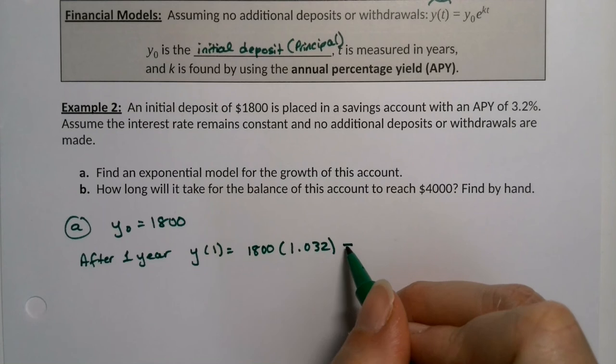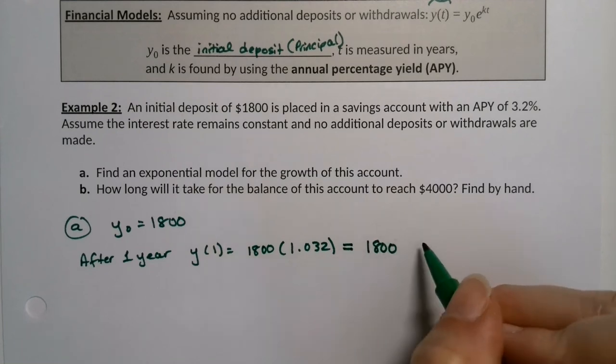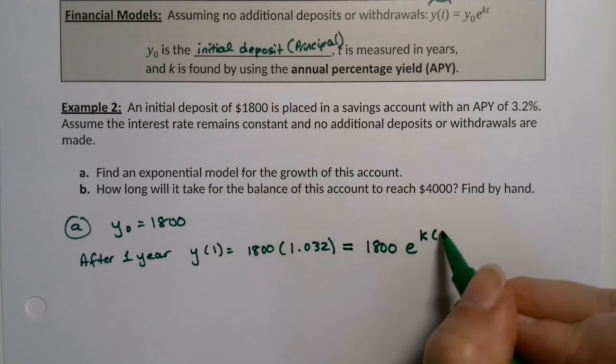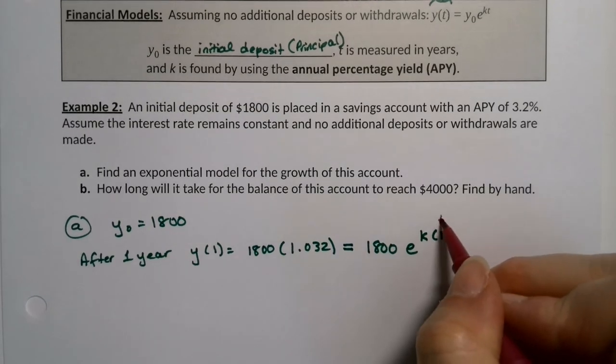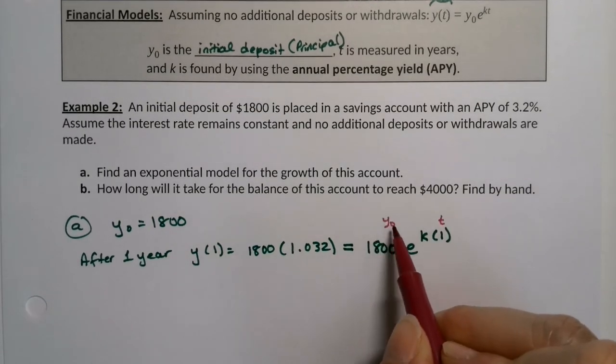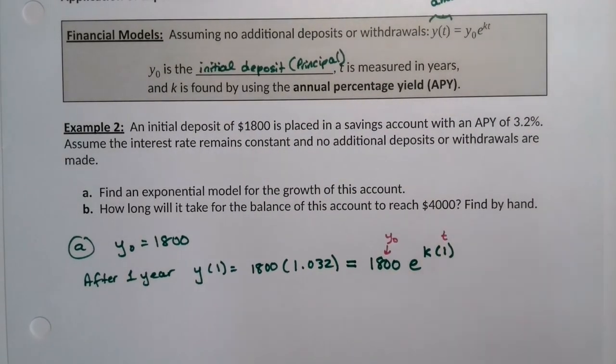But I also know that that should be equal to y0 e to the k times 1. So this is t here, right? This is y0 here, right? So I'm using this model up here.